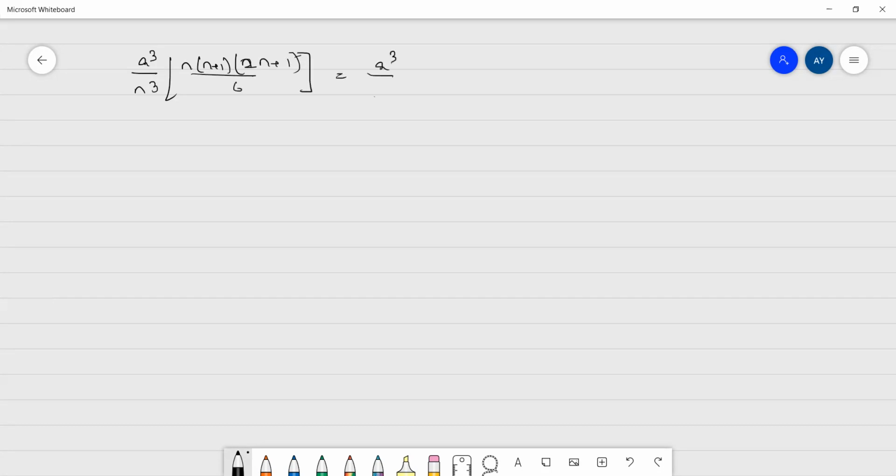So you'll have a cube by n cube into, if you take n cube common, this is 1 plus 1 by n, this will be 2 plus 1 by n, by 6. So this n cube gets cancelled, and you'll have a cube into 1 plus 1 by n into 2 plus 1 by n by 6.